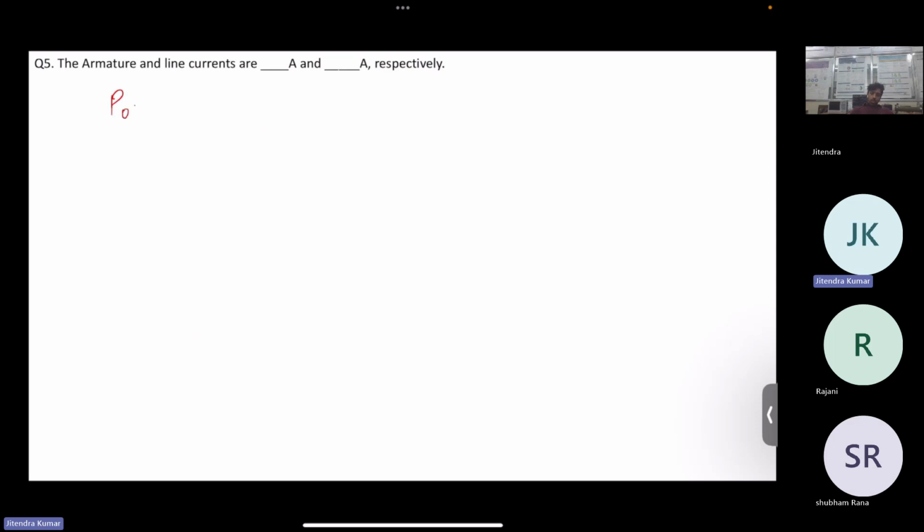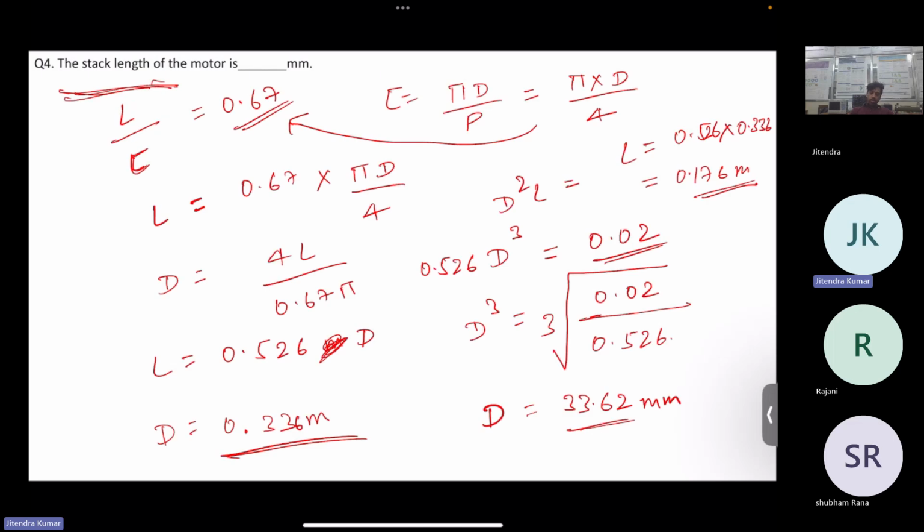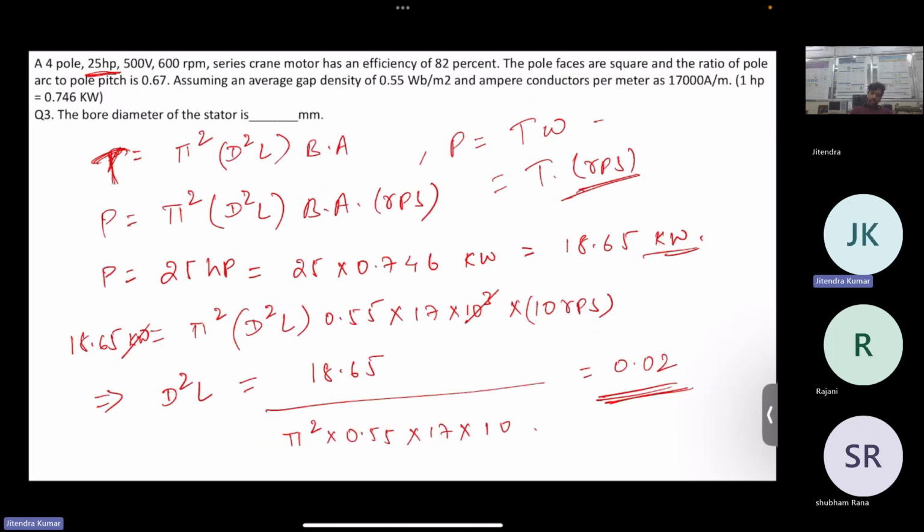Sorry, I'm wrong: whenever 25 HP is given, that is output power.